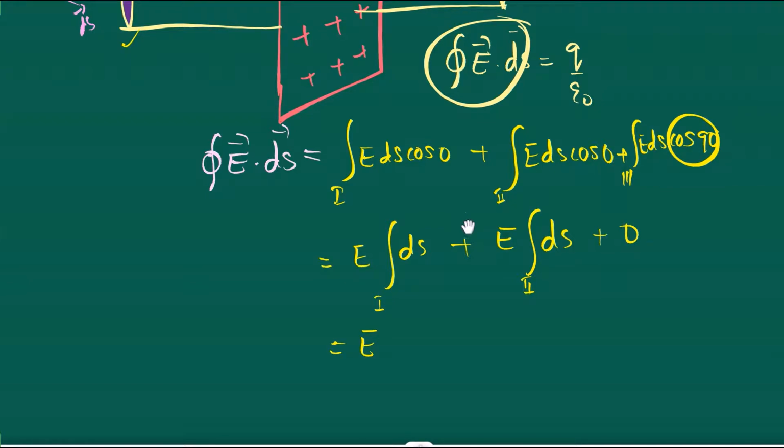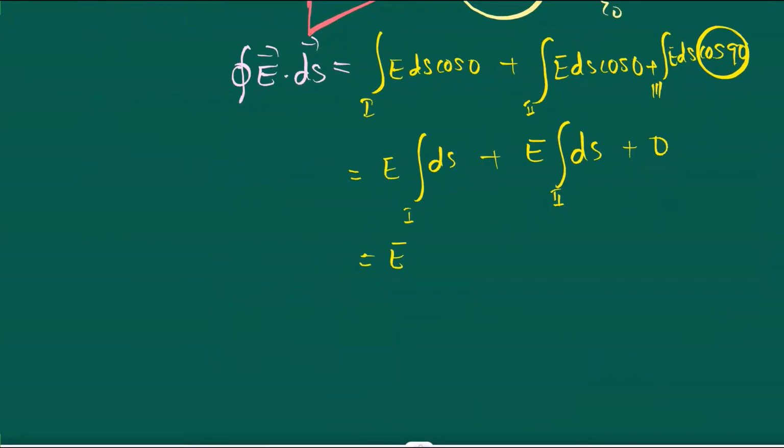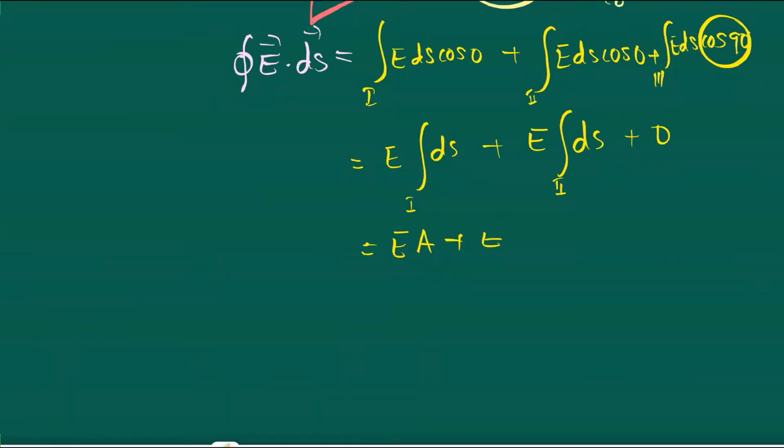From the diagram, suppose this whole area is A, and this area is also A. Then we can substitute the integral dS as EA plus EA, so we get 2EA. That is what we derived: the closed integral of vector E dot dS is EA plus EA, that is 2EA.